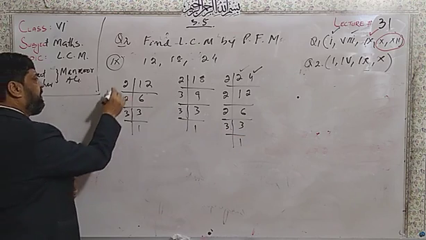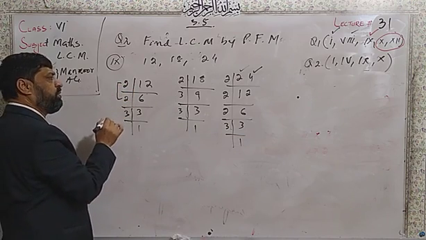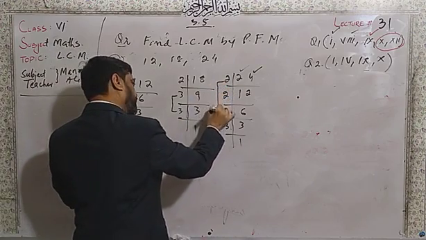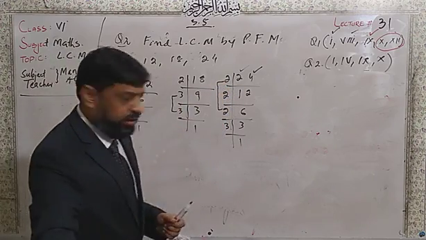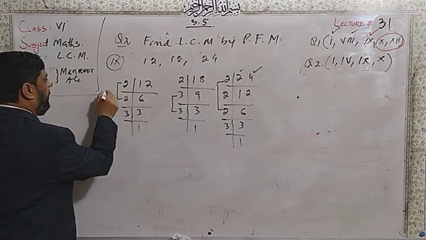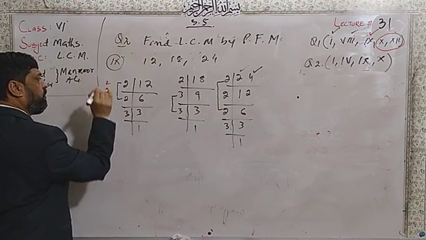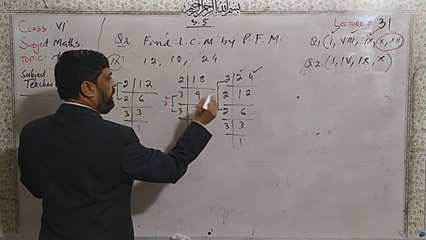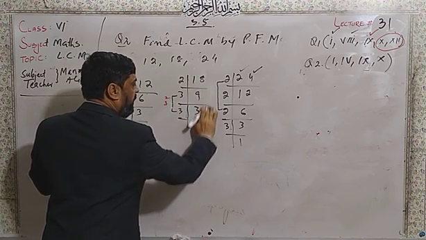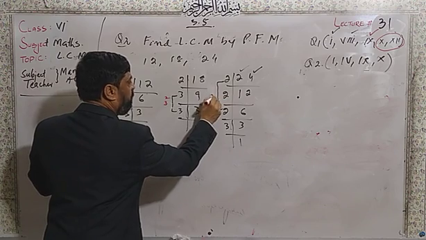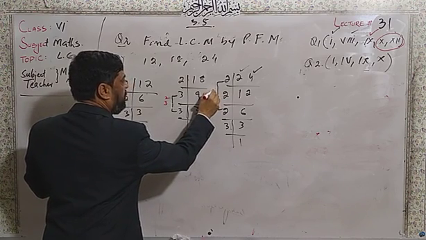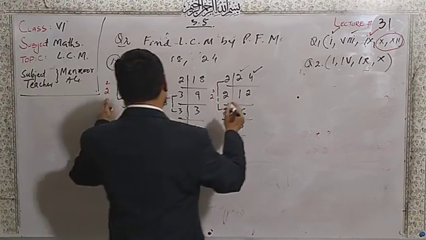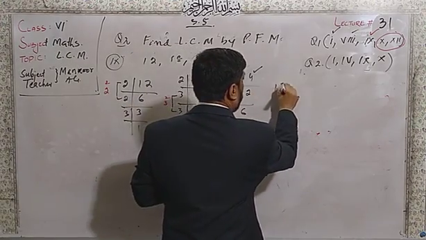Similarly, you write here 2 square, here 3 square, here 2 power 3. It is preferable. Here I will write 2 power 2. Here 3 power 2. Here I will write 2 power 3. Dear students, now I will write here number 12.